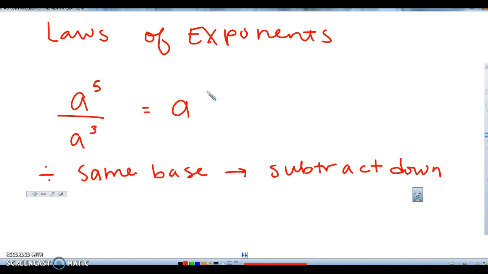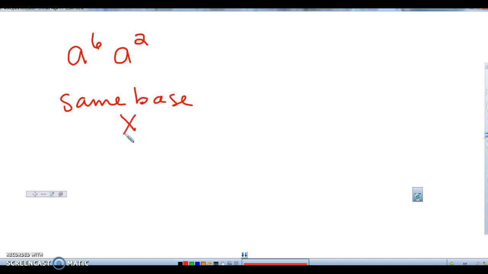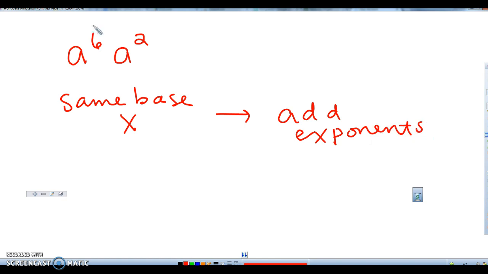My answer would be a squared. What if I have the same base, but they're multiplied together? So a to the 6 times a squared. With multiplication, I'm going to add these together. 6 and 2 is 8, so my final answer would be a to the 8th.